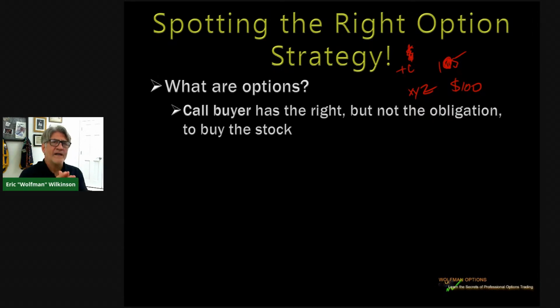That gives me the right, but not the obligation, to buy the stock XYZ at 105. It's trading at 100. Do I want to go through my right, or exercise my right to buy the stock at 105 when it's trading at 100? No, right? I can simply go out and buy it for 100.